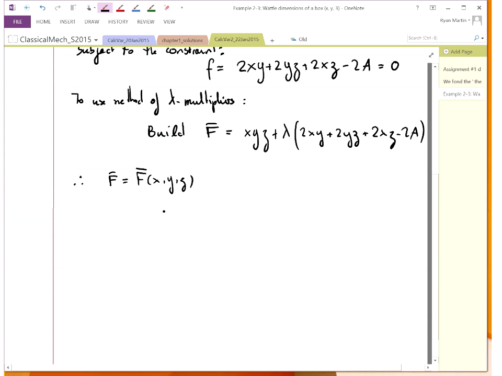So the condition that ∂f bar/∂qi equals 0, in this case, gives us 3 equations. So first we have ∂f bar/∂x, that's got to equal 0. So ∂f bar/∂x, the first term has an x, so that's yz, plus lambda, and then the terms with x's in them, there's a 2y and 2z.